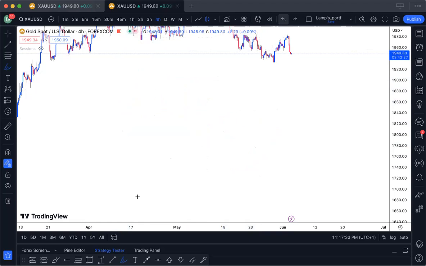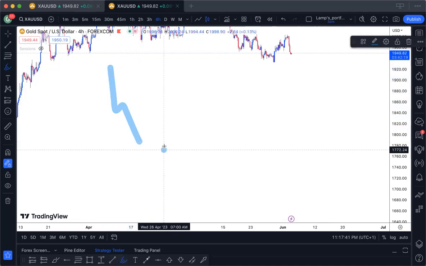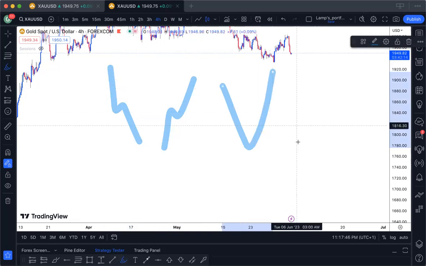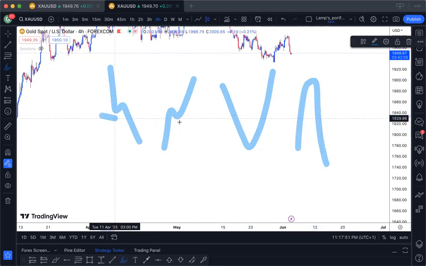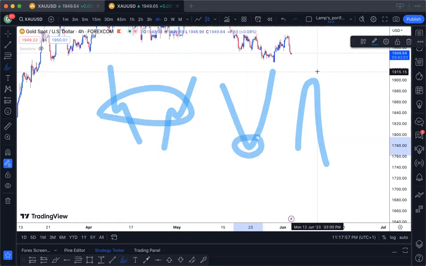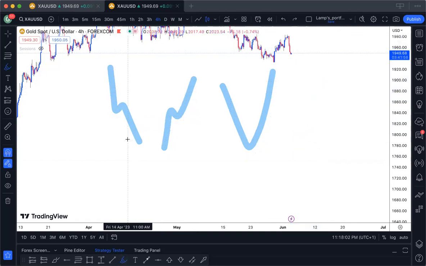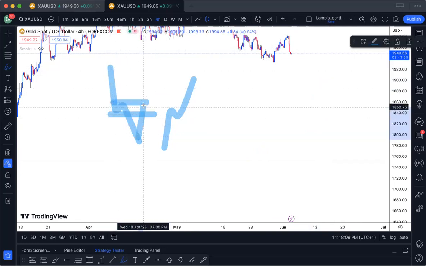And there's also the supply and demand, where we have the drop base drop, the rally base rally, the drop base rally, and the rally base drop. So these are the major supply and demand levels we have. At the drop base drop, the market will come, react at the level and continue selling.